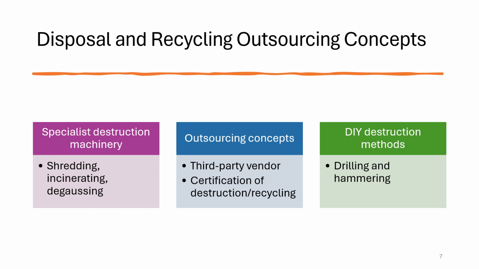Ensure the vendor carries adequate insurance to cover any potential incidents. And three, security procedures. Understand the data handling and destruction procedures. And four, cost and service. Compare quotes and services offered by different vendors.